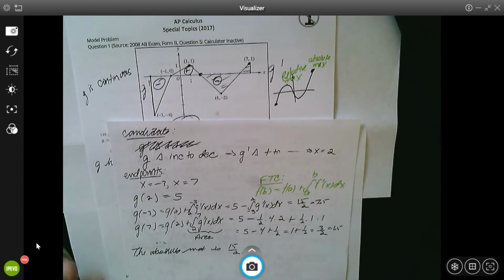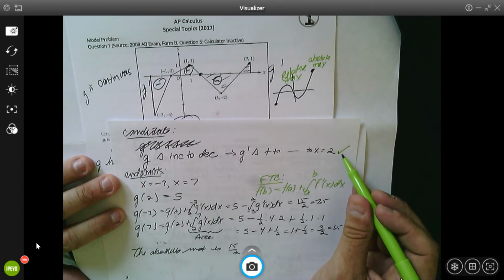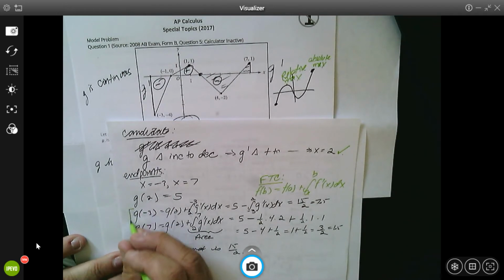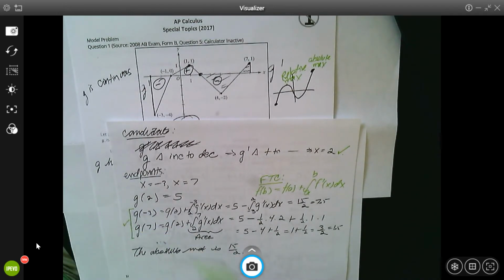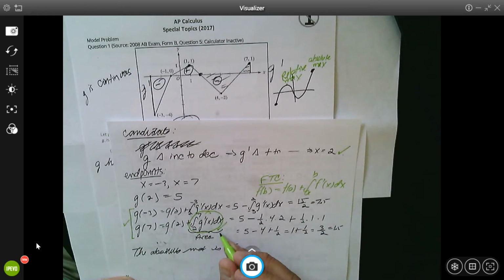In terms of points, normally identifying the candidate, that's an early step in the problem, would get you 1 point. They might say something like, considering the endpoints gets you another point. Probably a correct area calculation somewhere in the problem is a 3rd point, and then your final answer is another point for a grand total of 4 points.